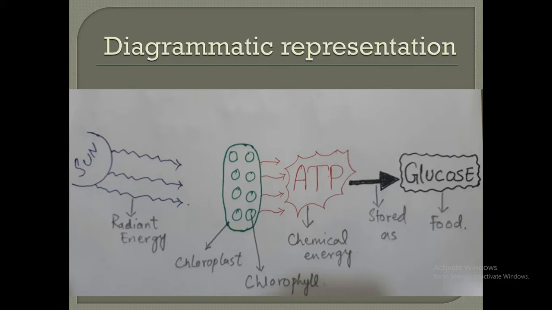That ATP is then stored as glucose or as food in the plant body. Plants also use that food for their own energy requirements, and the extra glucose molecules are then converted into starch and stored in the plant parts.